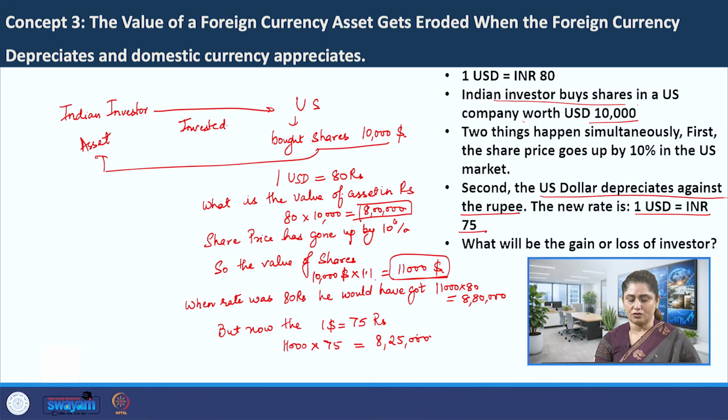So, because of the depreciation in the foreign currency, or you can say appreciation of the domestic currency, the value of the investment has reduced compared to what he was expecting before, when the rate was 1 USD equal to 80 rupees.